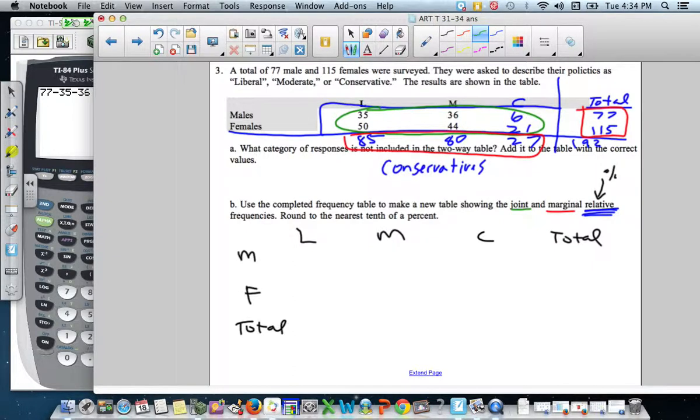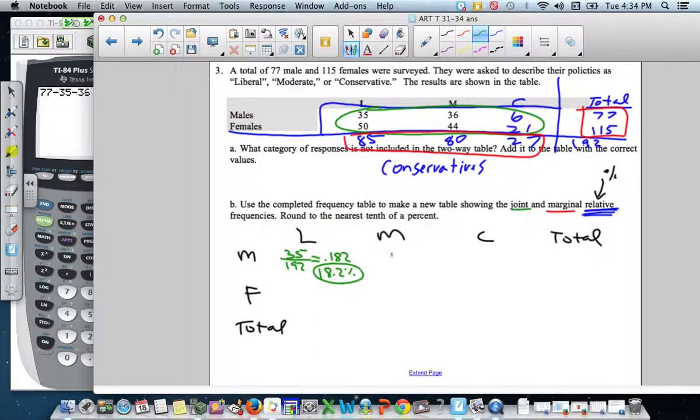I'll show you how I get the first one. There are 35 males who are liberal. I divide that by the grand total 192. That will tell me in my calculator that it's 0.182, which rounded to the nearest tenth of a percent is 18.2%.